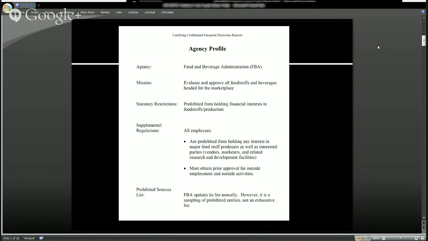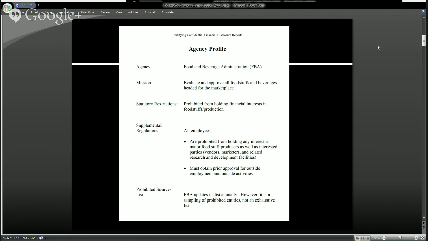And in the case of the Food and Beverage Administration, all employees are prohibited from holding any interest in major foodstuff producers, as well as interested parties such as vendors, marketers, and related research and development facilities. Additionally, they must obtain prior approval for outside employment and outside activities.